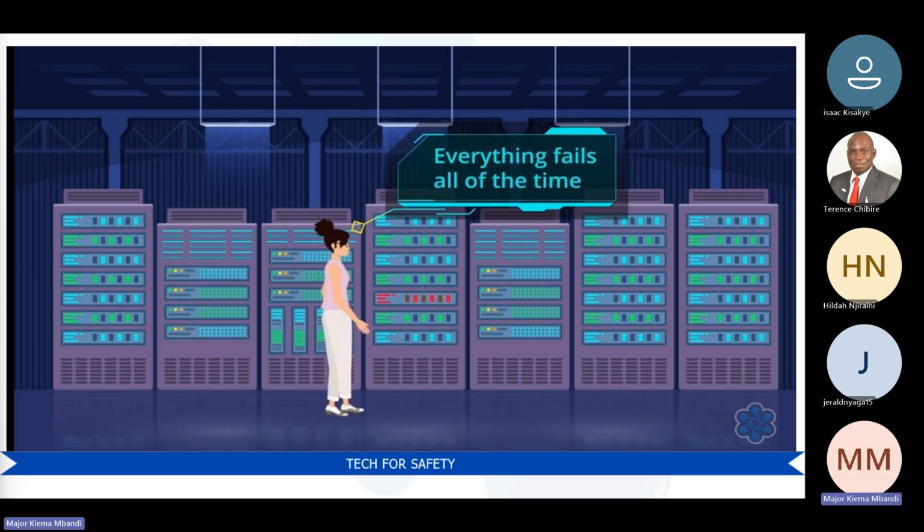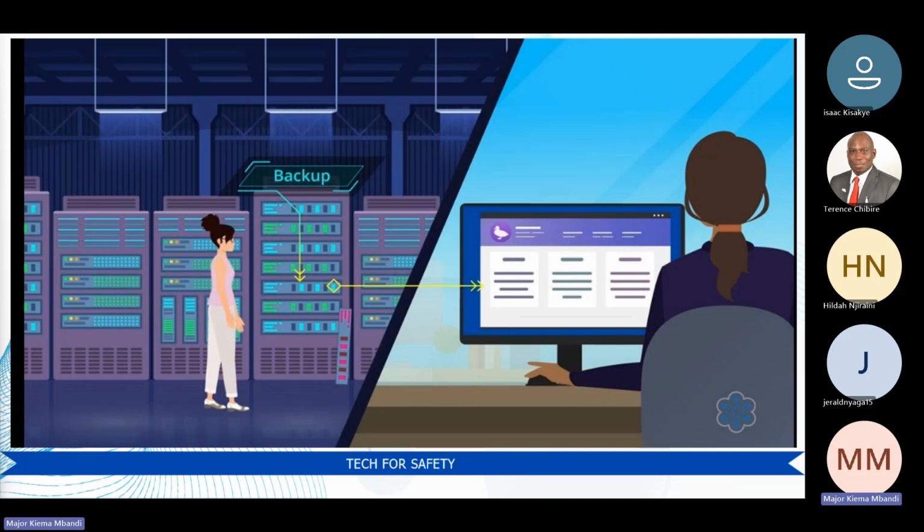So systems will fail, but when they do, what mechanisms have you put in place to make sure it is not impacting your application downtime, what we call RPO and RTO. Some of the things you can put in place, one of the basic ones, we know is backup. But it depends on how long your RTO should be, or what amount of data you need to recover in RPO.